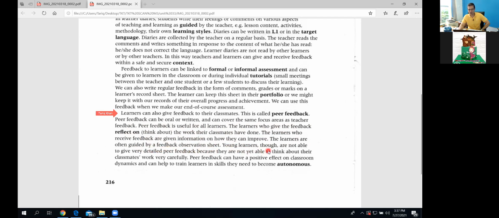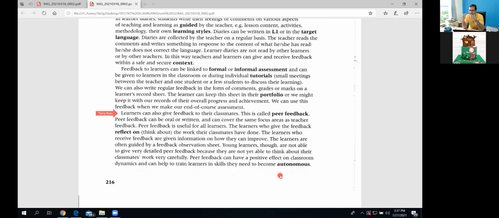Young learners, though, are not able to give very detailed peer feedback because they are not yet able to think about their classmates' work very carefully. Peer feedback can have a positive effect on the classroom dynamics and can help train learners in skills they need to become autonomous. Now, feedback, one thing is peer feedback, which is from one student to another student.